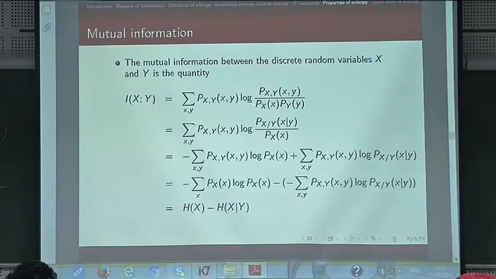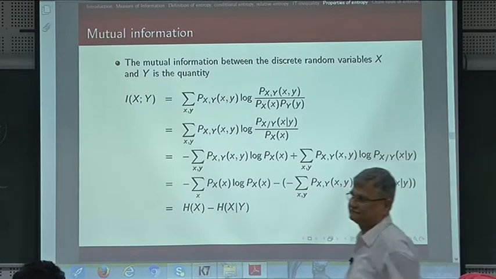So if you do not want to focus on the maths, you can for the time being skip the maths, but focus on Ixy is equal to a function of two entropies. What are the two entropies? Entropy of x minus the conditional entropy of x given y.